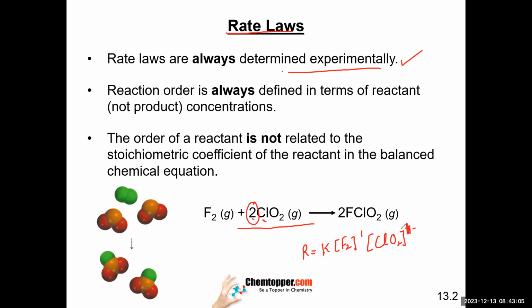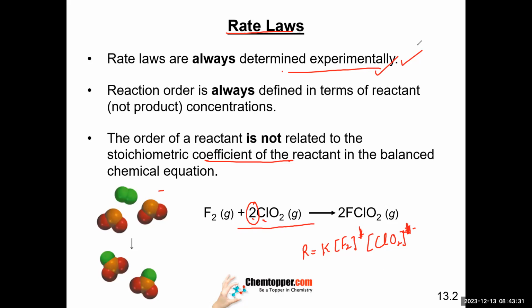This coefficient and this one are not matching. So these are orders. Orders are not the coefficients of the balanced equation. They are not. You have to determine these orders experimentally. So please remember this. Rate law is determined experimentally.